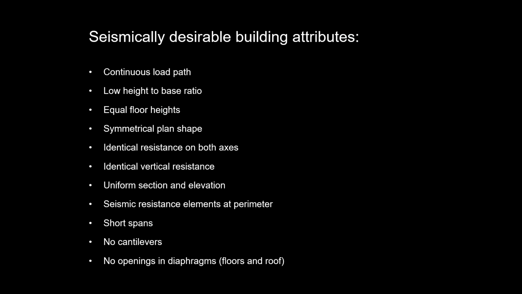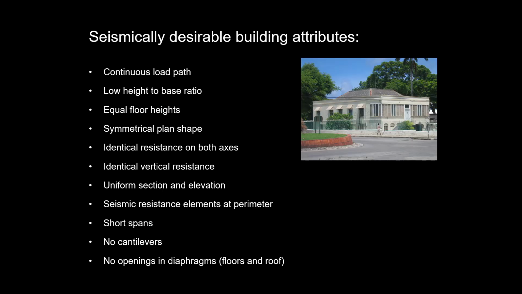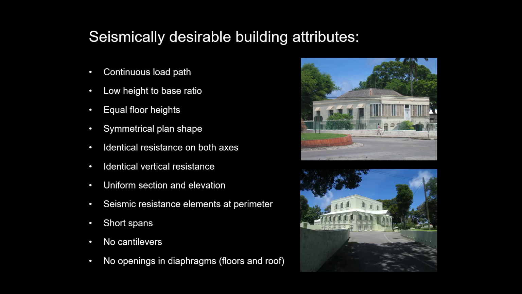In a building such as the building shown, and this is in Barbados, the resistant elements are most effective when placed on the 2 major axes of the building in a symmetrical arrangement that provides balanced resistance. A square plan provides a near perfectly balanced system.